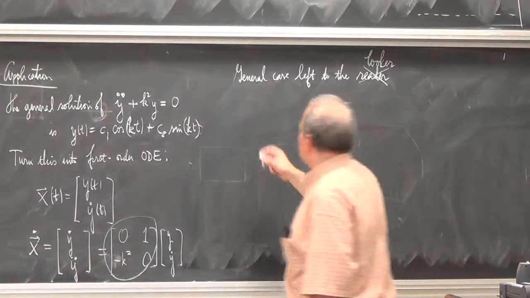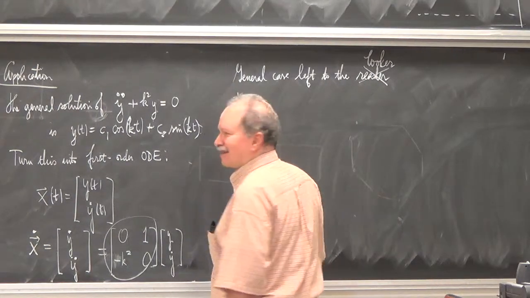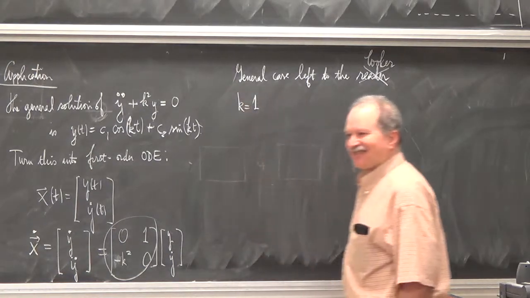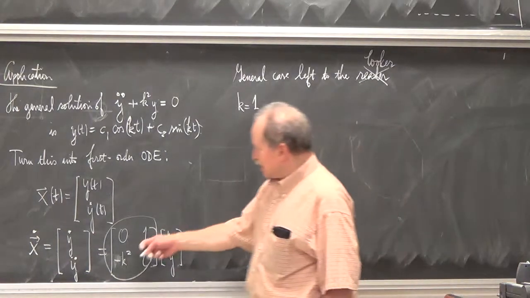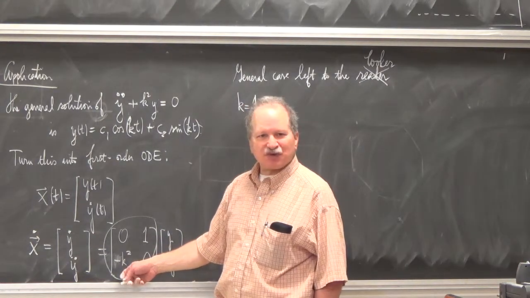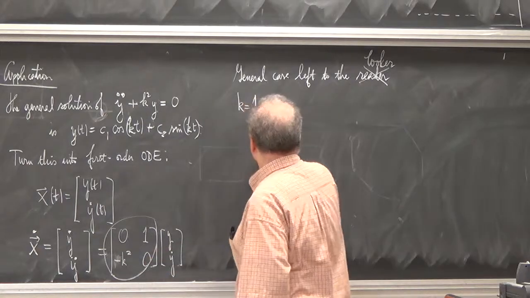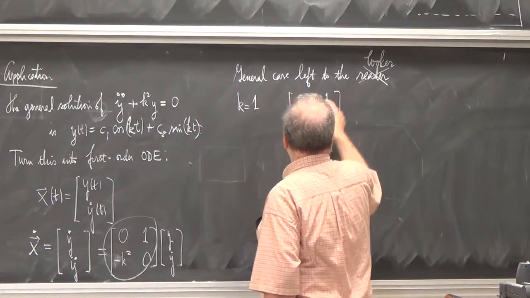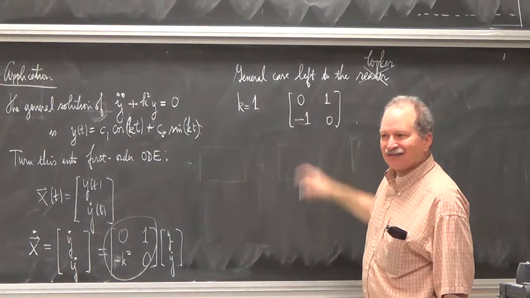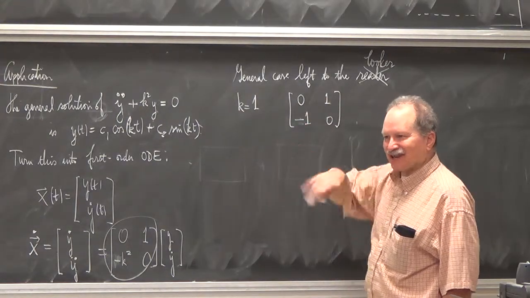But the case where k is 1, we did yesterday. K equals 1 is essentially the rotation matrix we had yesterday, except I had it with the negative here and the positive here, the opposite direction, just rotating the other way.